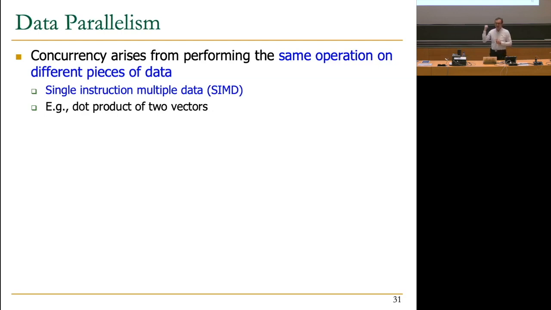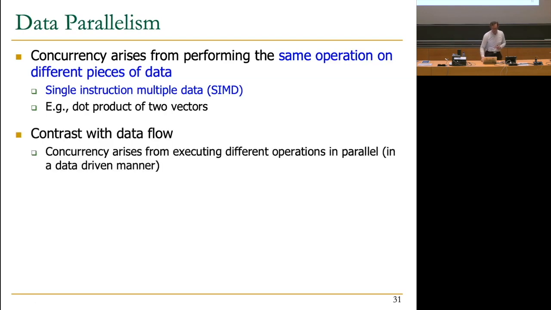Here in SIMD, the type of concurrency we exploit is fundamentally different. It arises from the semantics of the program performing the same operation on different pieces of data. That's why it's called single instruction, multiple data. An example is the dot product of 2 vectors, or whatever you do on vectors actually applies nicely. That's why one of the processors is going to be called vector processors.